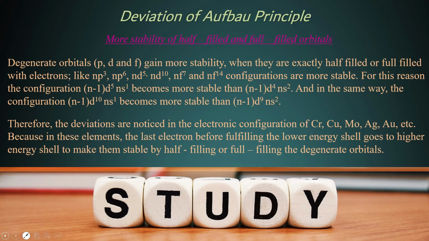For example, for molybdenum, an electron goes from 5s to 4d to make 4d half-filled, and a half-filled or fully filled degenerate orbital becomes more stable than other orbitals.